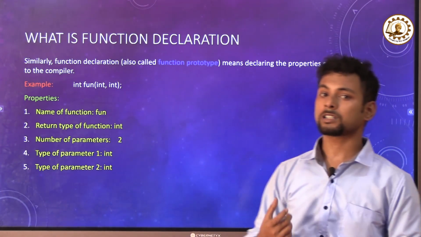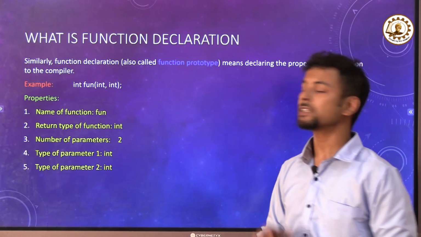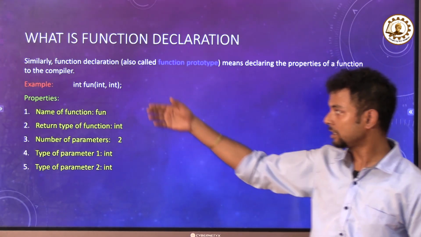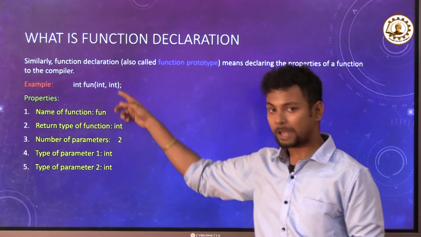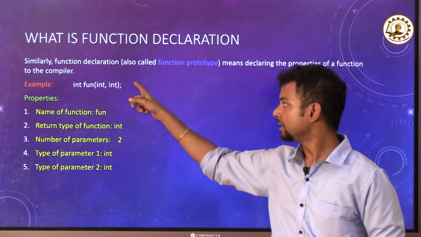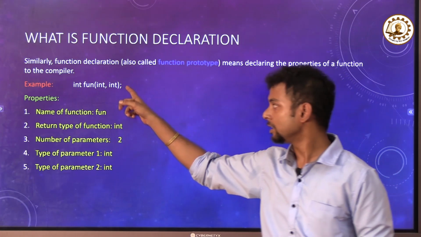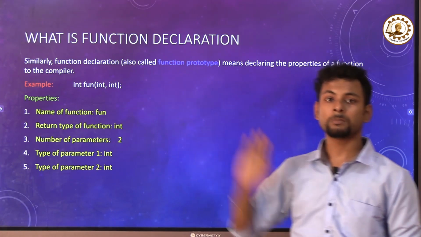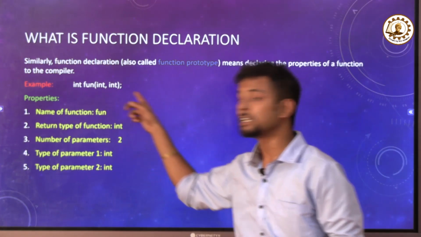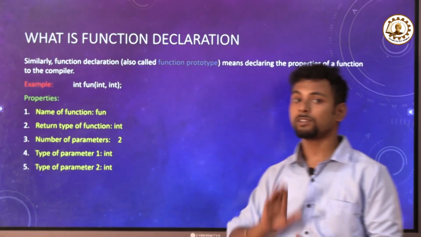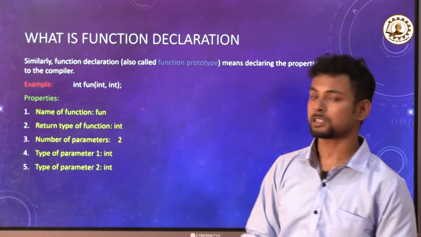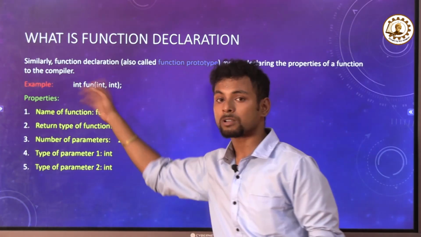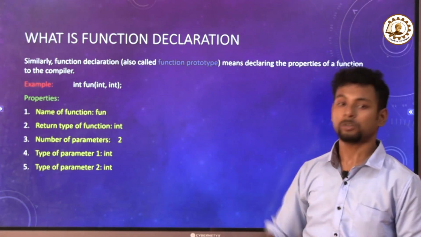Example: int fun, int within brackets, int comma int, then we end it with a semicolon. This means function declaration. This is not definition. We are declaring the function to the compiler. It is also called function prototype.